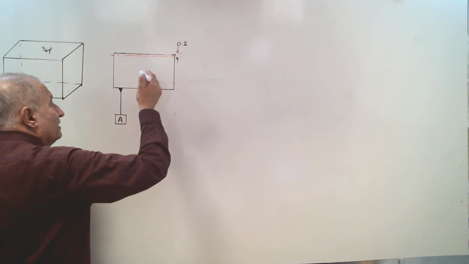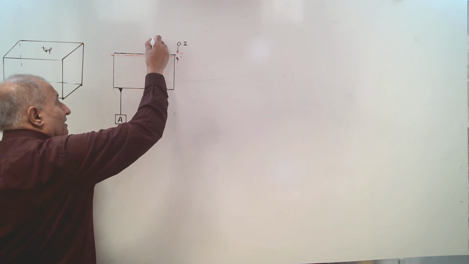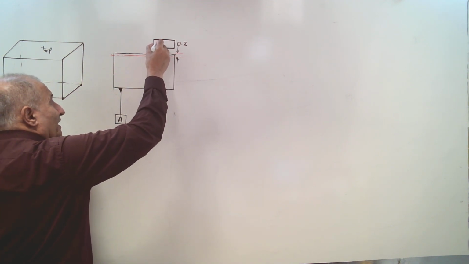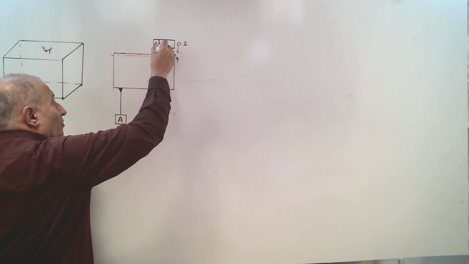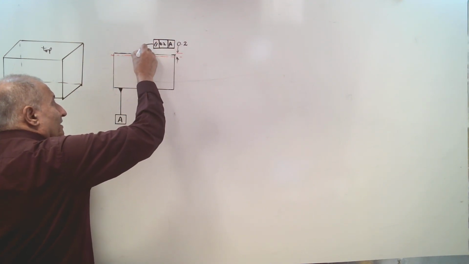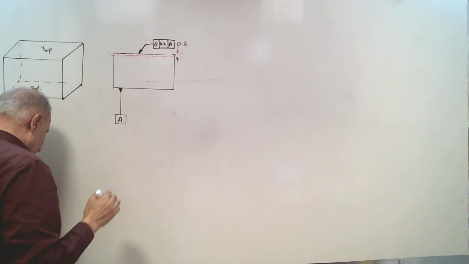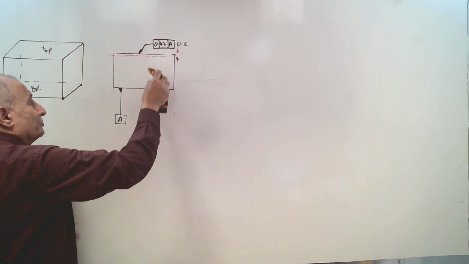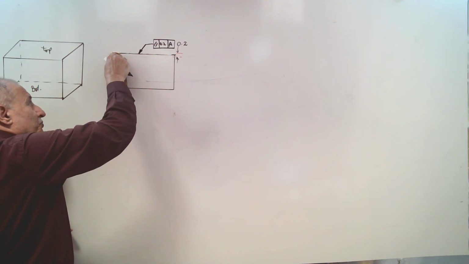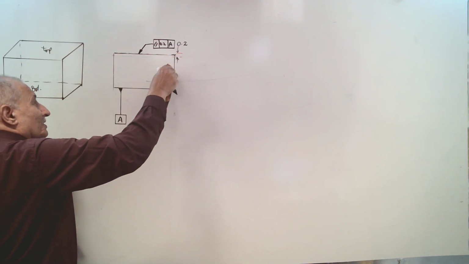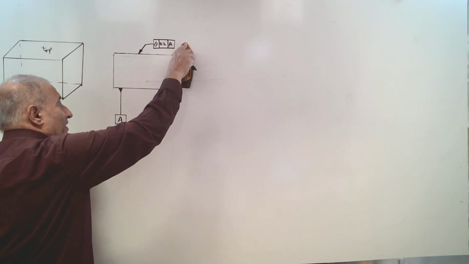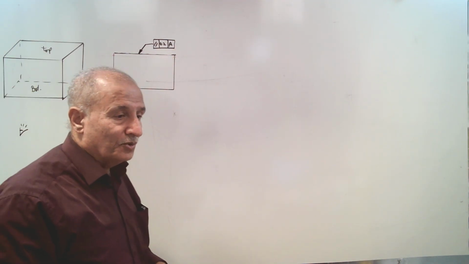And then I apply a feature control frame with the parallelism symbol, pointing to the tolerance and datum A, applied to the top surface in the drawing. There is no need to show the interpretation or meaning of this feature control frame on the drawing.